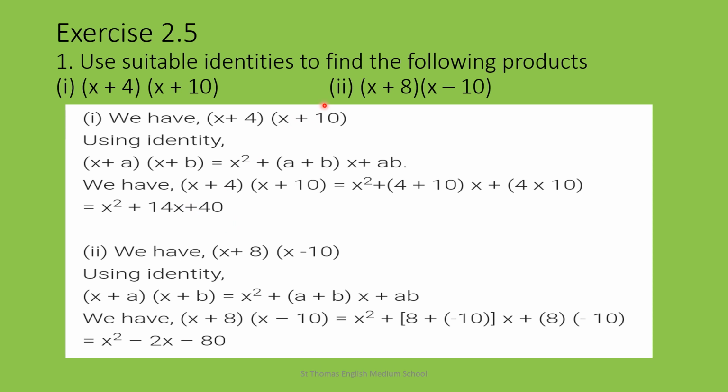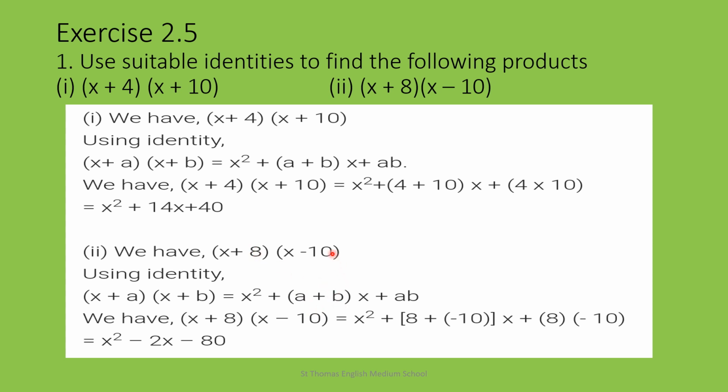Now question number 2, that is x plus 8 multiplied by x minus 10. The same identity you can use here. Using the identity x plus a multiplied by x plus b, that is equal to x square plus a plus b multiplied by x plus ab. Here a is 8 and b is minus 10.